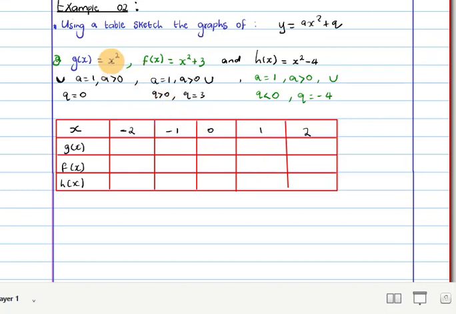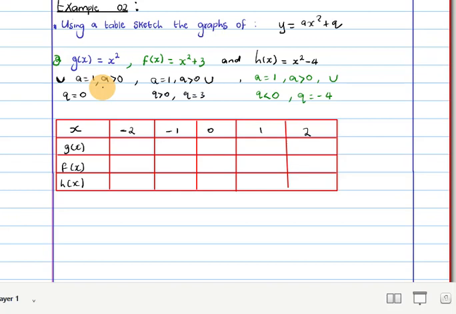Look carefully here. If you plug in -2 here, you say -2 squared. Please make sure that you open a bracket and put -2 in it. When you square it, the sign won't be negative, it will be positive. If you just write -2 squared without the bracket, the answer will be -4 instead.